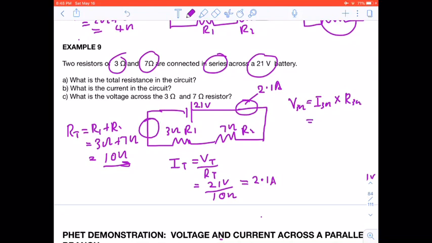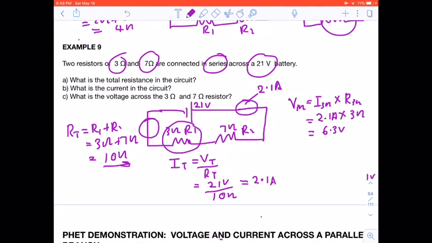If we're concentrating on that resistor, the current through it is the circuit current, which is 2.1 amps, times 3 ohms, which means the voltage across it is 6.3 volts.